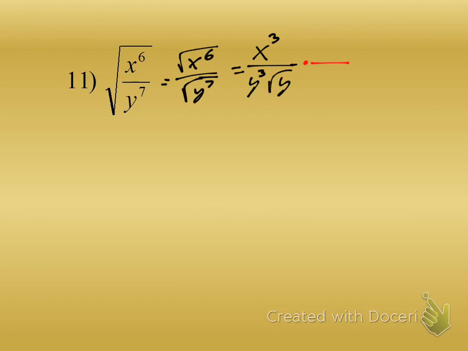Multiply. What's going to get rid of the square root this time? Y. Good. Square root of y. Multiply by whatever's there. So on the top, we get x cubed, square root of y, over y to the third, square root of y squared.